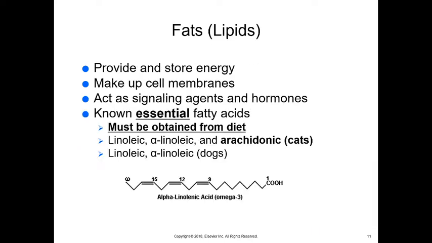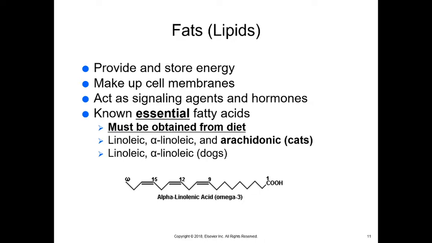Fats and lipids provide and store energy, and they make up cell membranes. They act as signaling agents and hormones. There are some fats that are known as essential fatty acids. Anything that's an essential amino acid or an essential fatty acid means that the animal, or yourself, must get it from the diet.